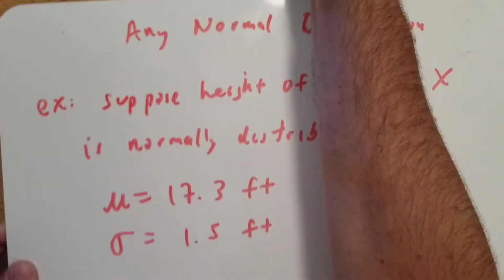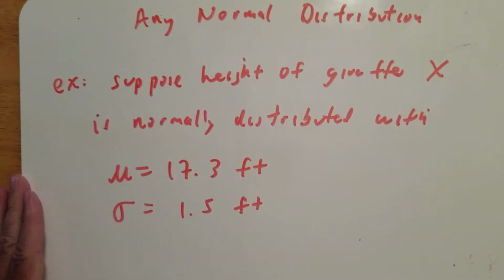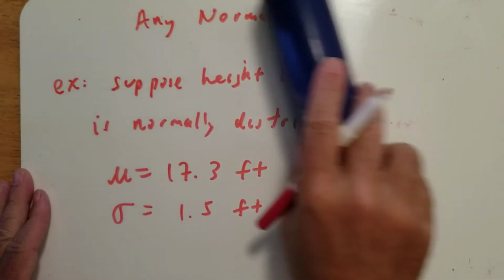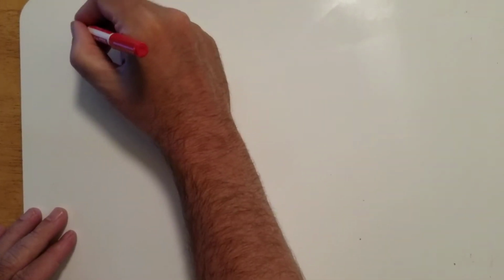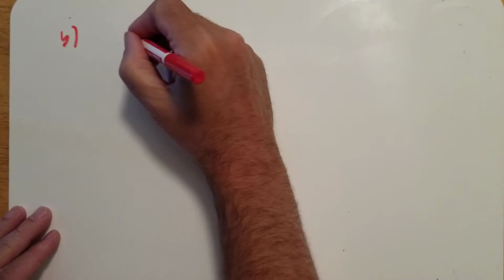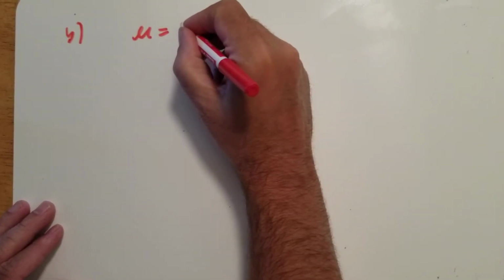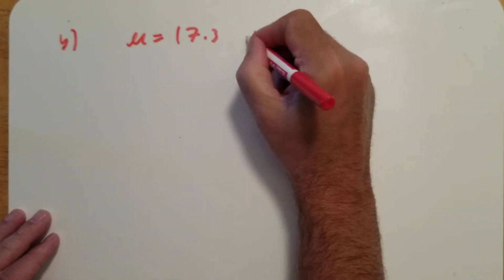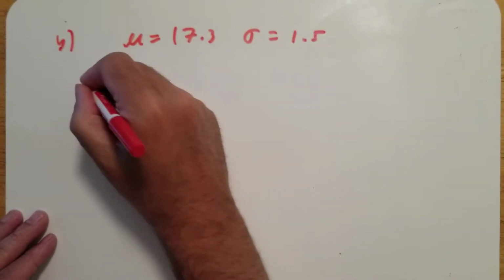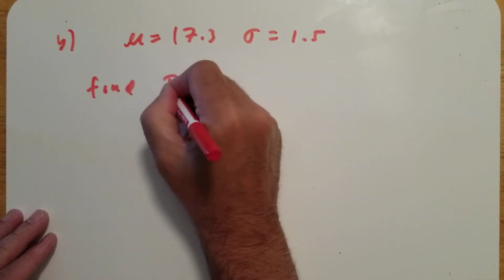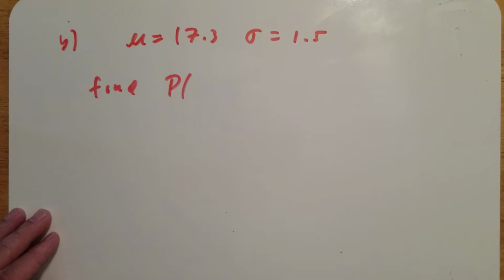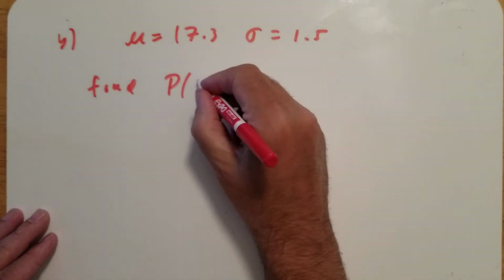We could also ask, using the same numbers, 17.3 and 1.5, a question like this. This is part B. Remember the mean was 17.3 and the standard deviation was 1.5. Find the probability that the height of a giraffe is greater than 16 feet.